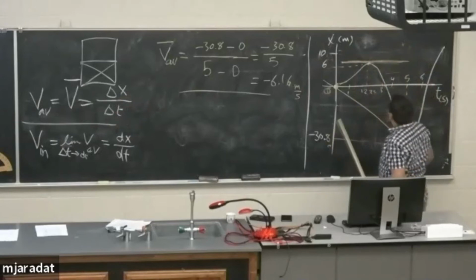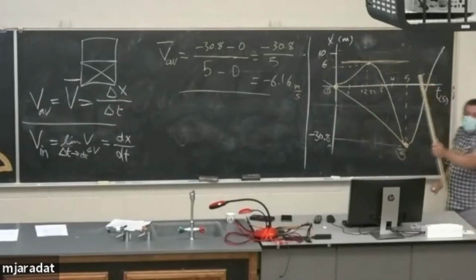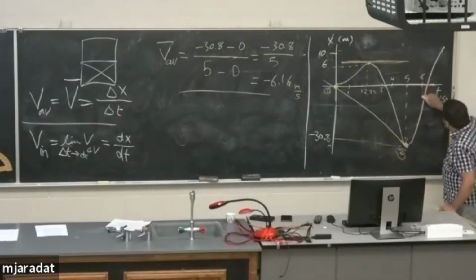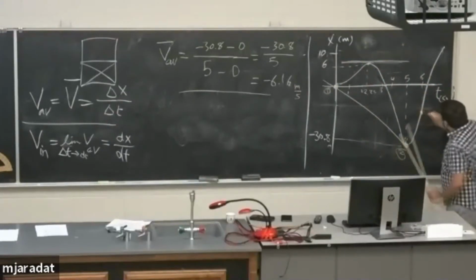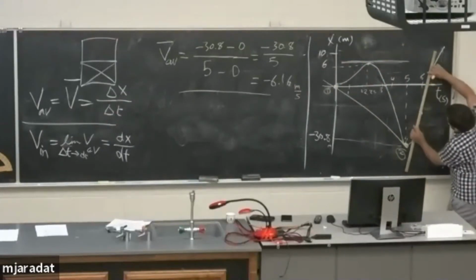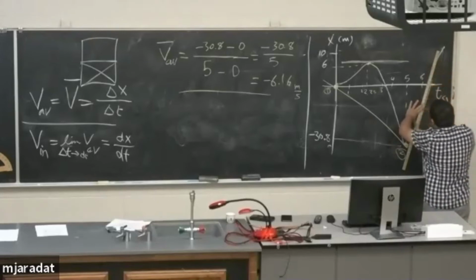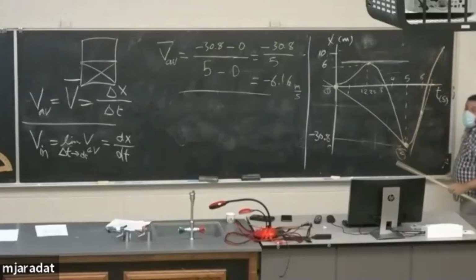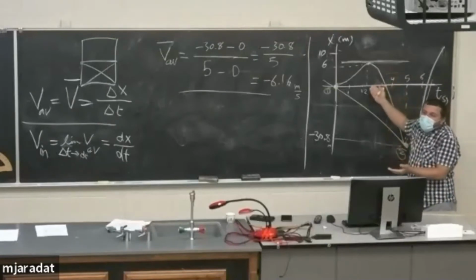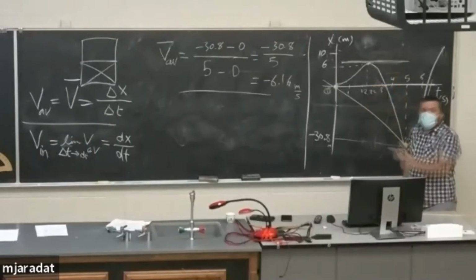Okay? If I need to choose the line at this point, at t equals 2.25 here, I can choose the tangential line like this. Then calculate or find the slope of that line.